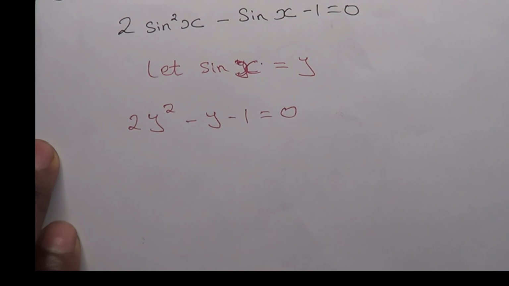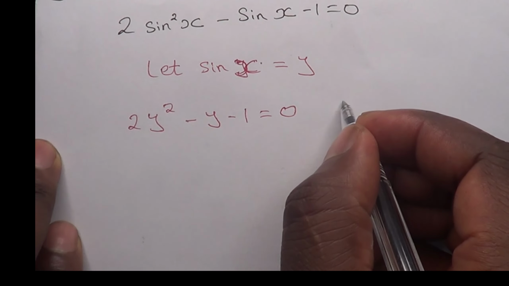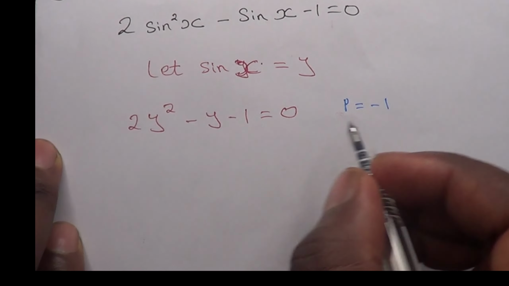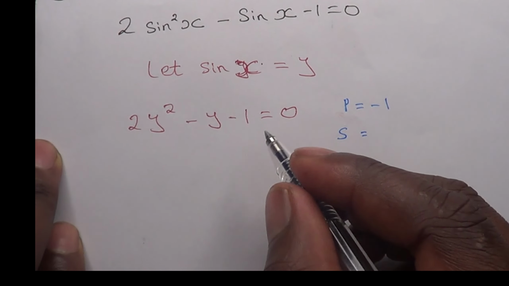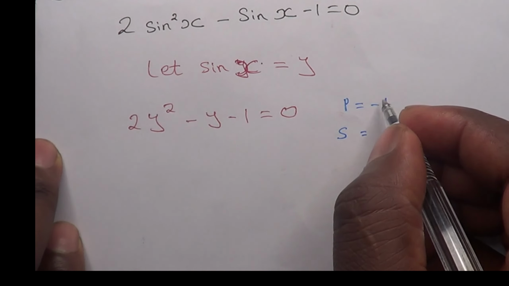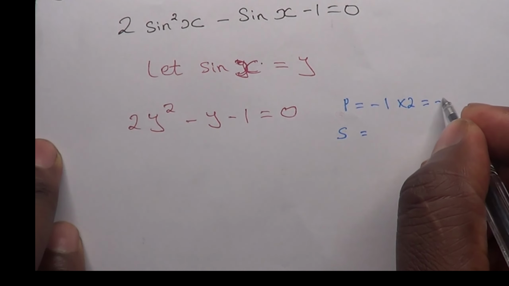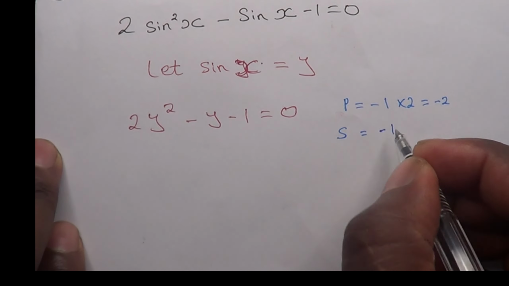Here you can see the product is -1 times 2, which equals -2. The sum here is -1.